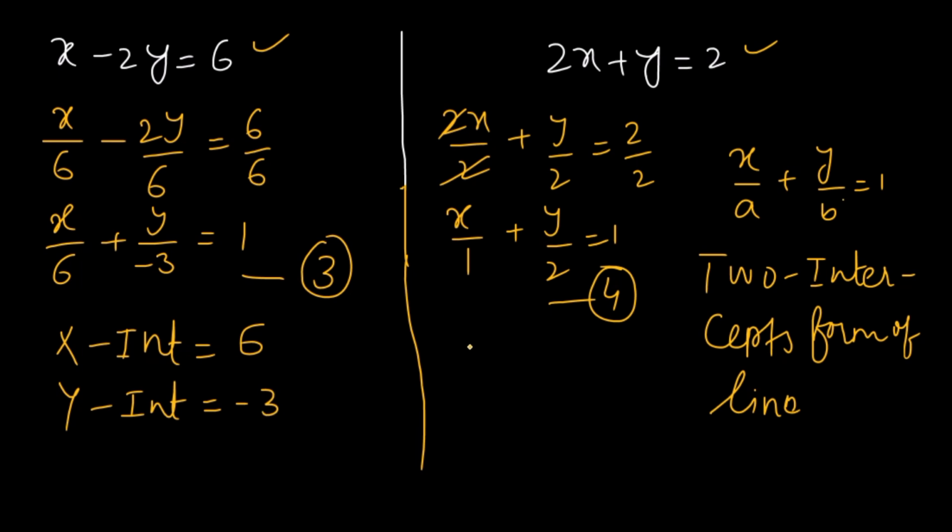Similarly, the x-intercept of 4 is 1, and the y-intercept is 2 here. Next, we locate these two intercepts of both lines on the x-axis and y-axis. So next we make x and y intersect here.